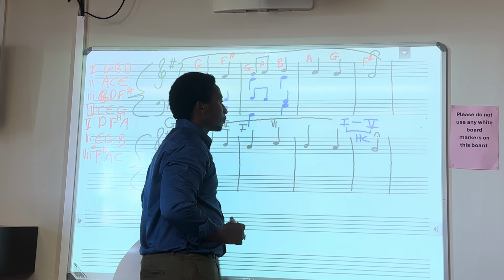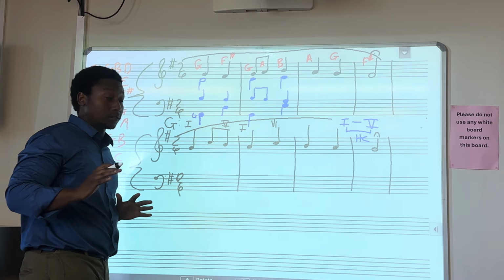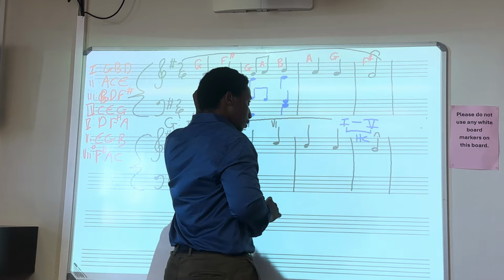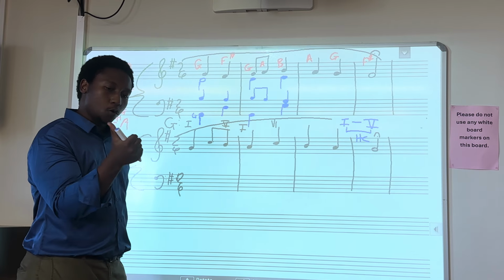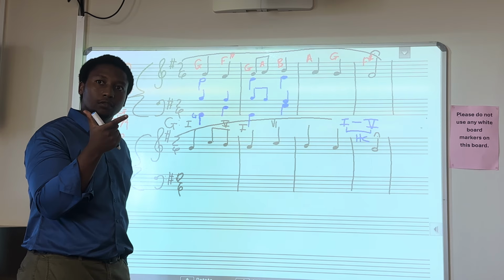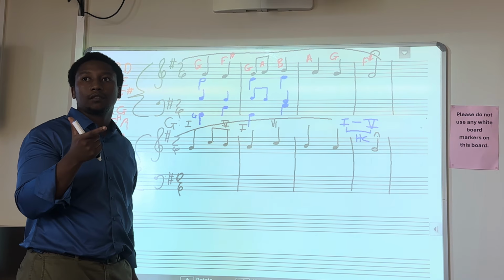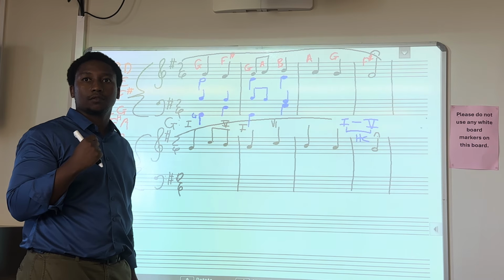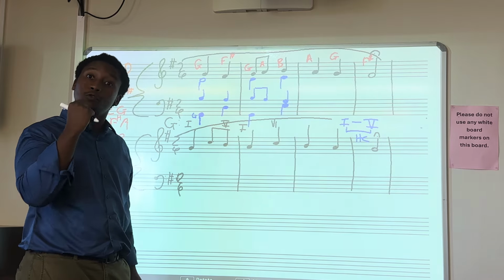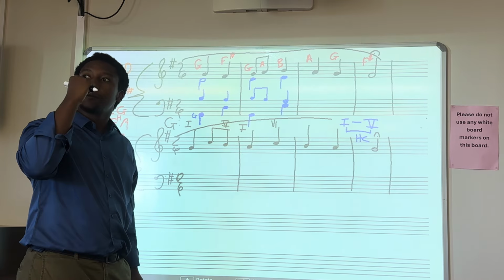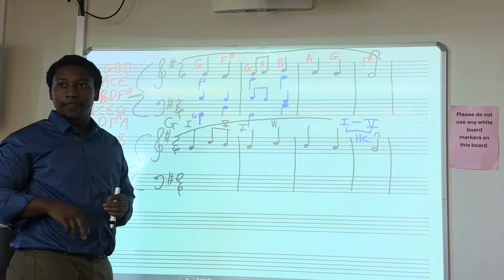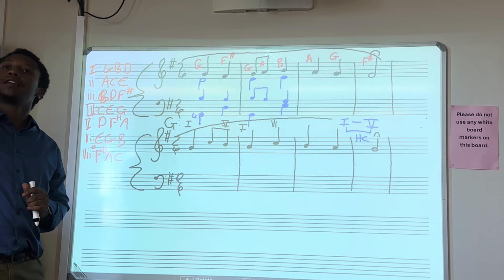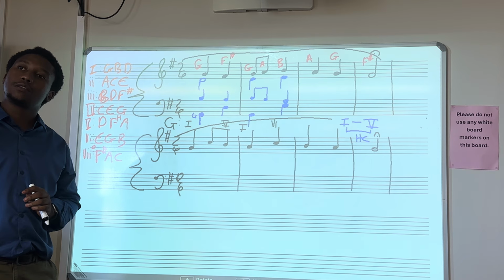Now, this is where the knowledge comes in. I said chord 7 and chord 2 must almost always be in first inversion. So if you use chord 7 or chord 2, make sure you use it in first inversion. Now, chord 2 and chord 7, are they primary or secondary chords?